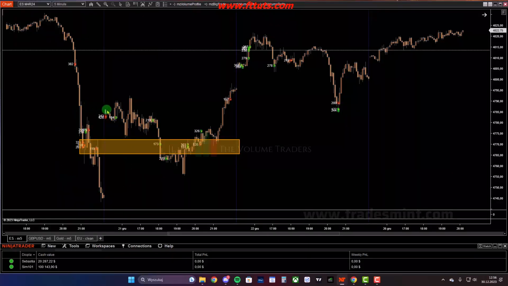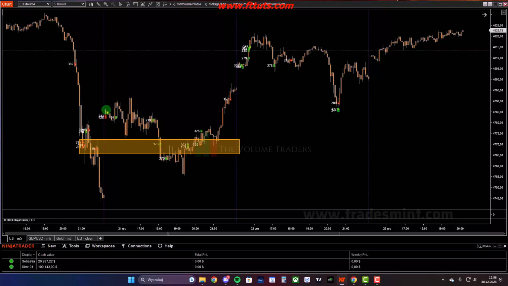But if the market opened above, it should automatically change with high probability to demand. So it's not a supply right now, but the zone was broken, broken during the Asian and London session. So the price was delivered above.